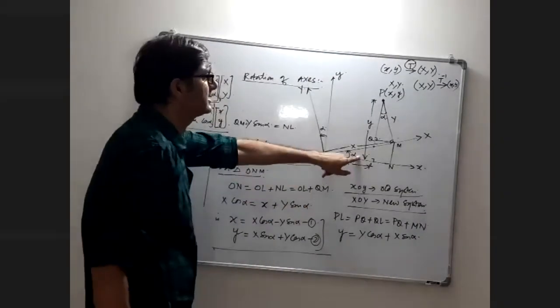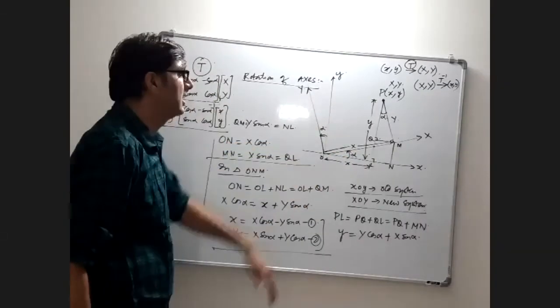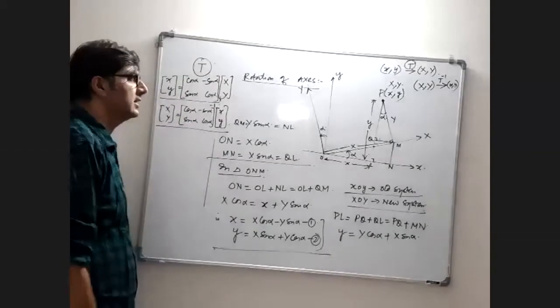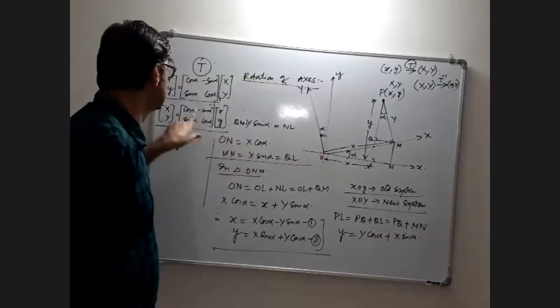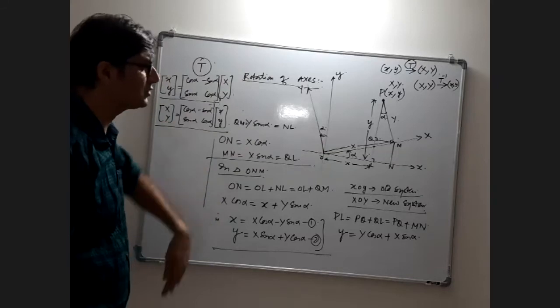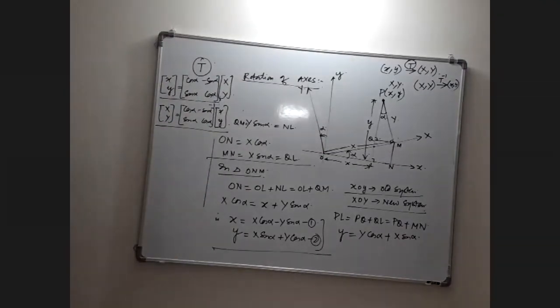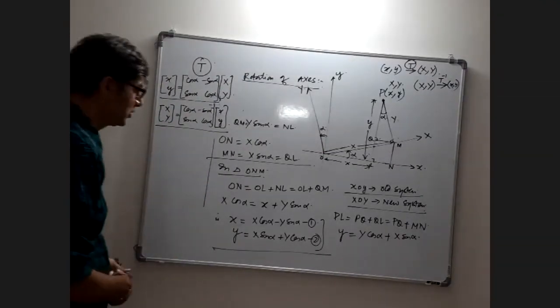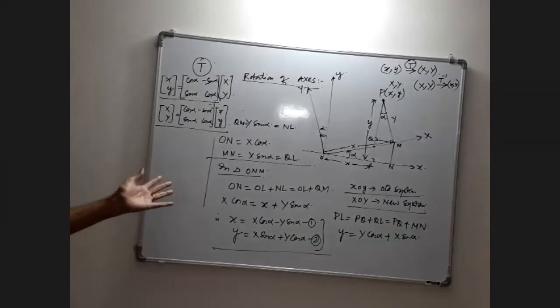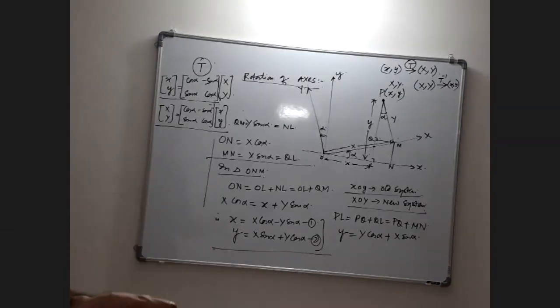So alpha here is the angular displacement of the axes in the anti-clockwise direction, which is why alpha is positive. If it were clockwise it would have been negative. That is not a big issue. Have you noted this down? After this we will have questions from both linear translation and this one.